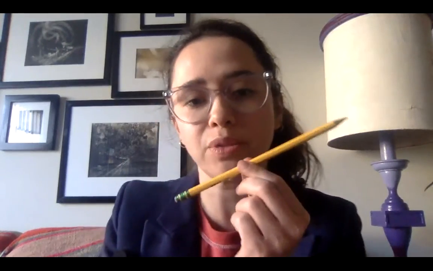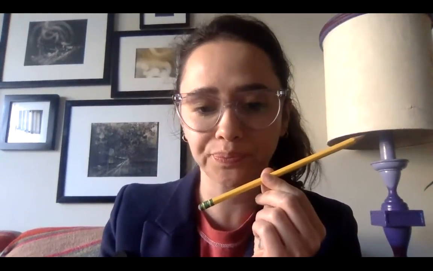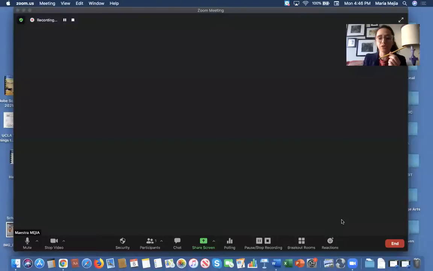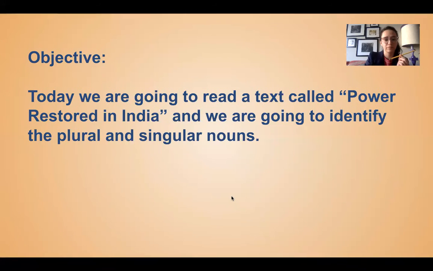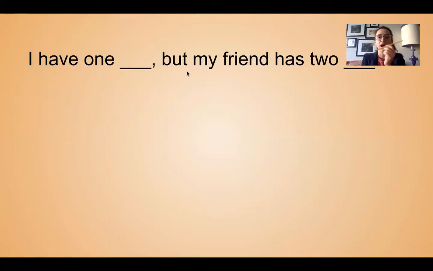I want you to practice really quickly. I'm going to give you a sentence frame and two nouns. First, practice with the noun pencil. Tell your friend, I have one, but my friend has two.